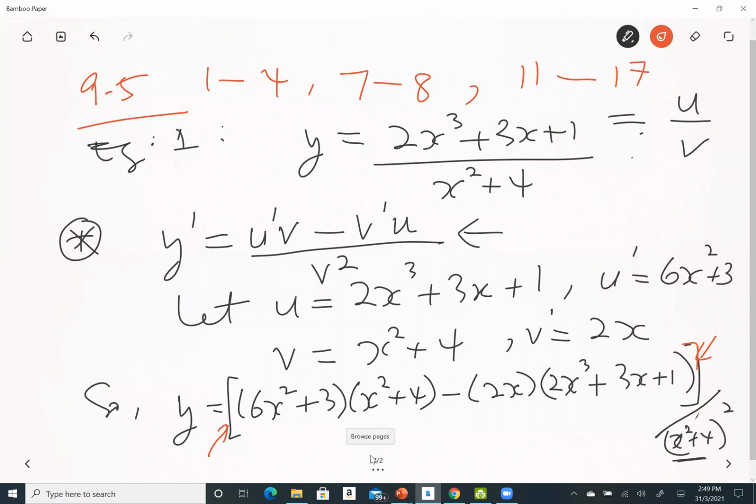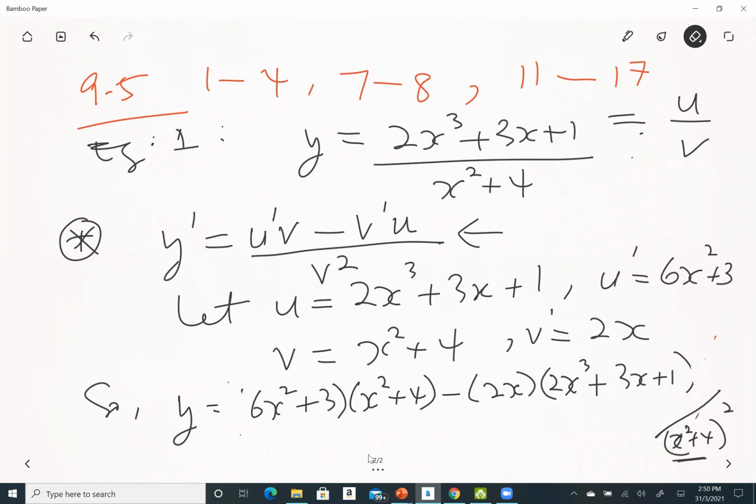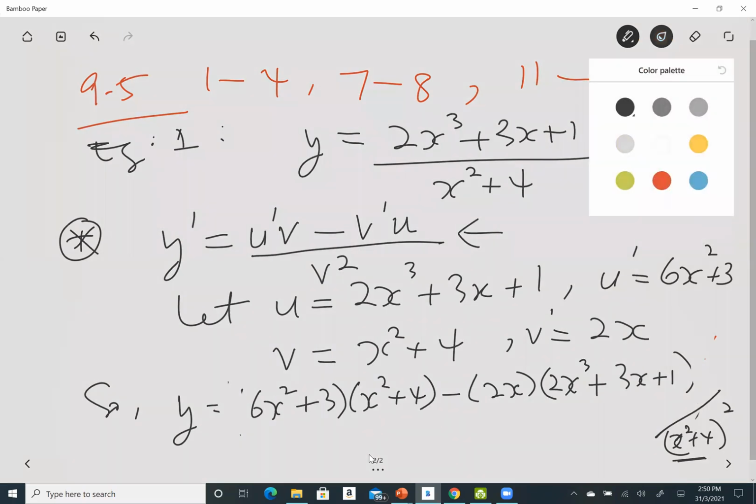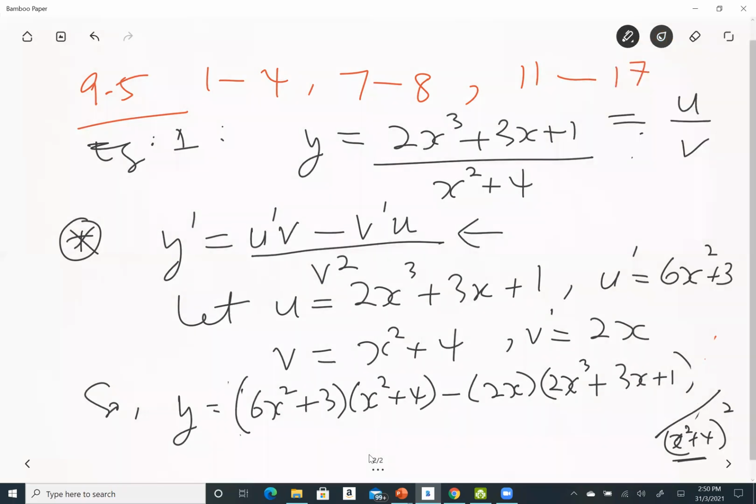Now, suppose I didn't put that bracket, and I use a small line to indicate division. Suppose it is like this. I don't put the big line, I just put that small line and divide by v squared.